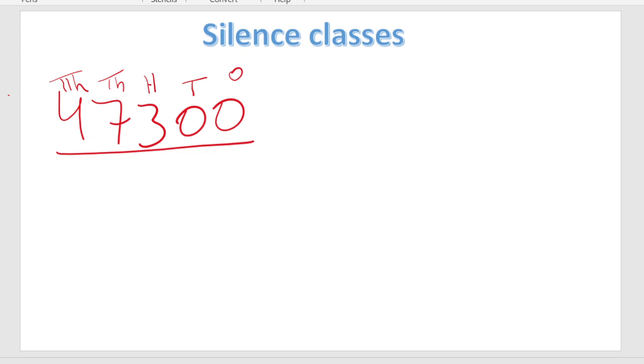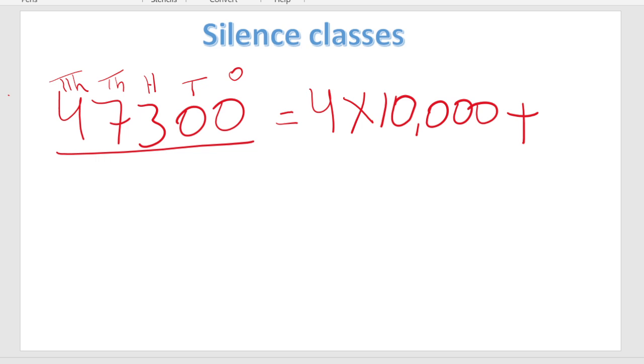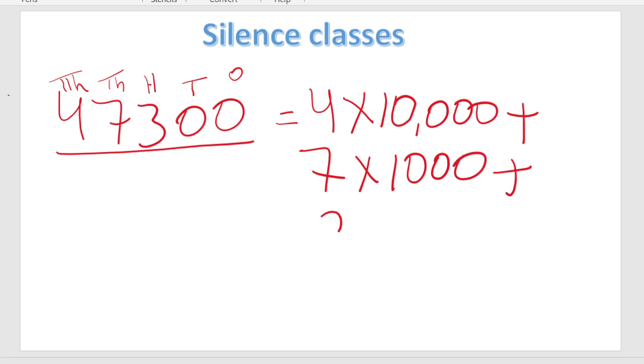Or you can make a proper solution and write it like this, then put an equals sign. 4 is in the 10,000 place, so 4 multiplied by 10,000 plus 7 is in the thousands place, means 7 multiplied by 1,000 plus 3 is in the hundreds place, means 3 multiplied by 100.